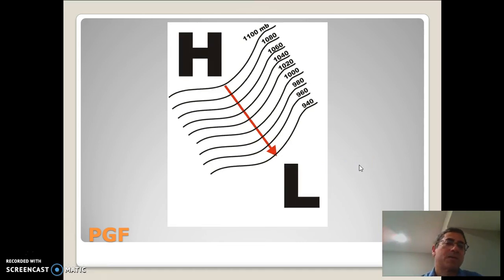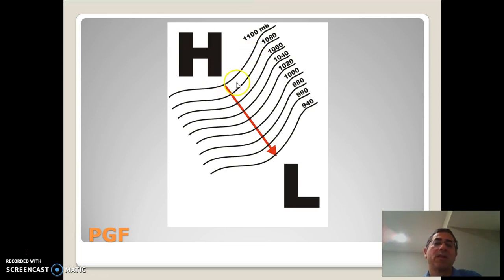There's a similar example, except that now we're going from 1100 millibars to 940 millibars, so the difference is now 160 millibars. So we are moving across a bigger drop in pressure.